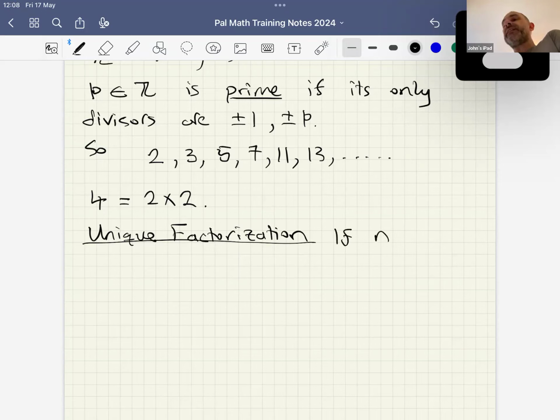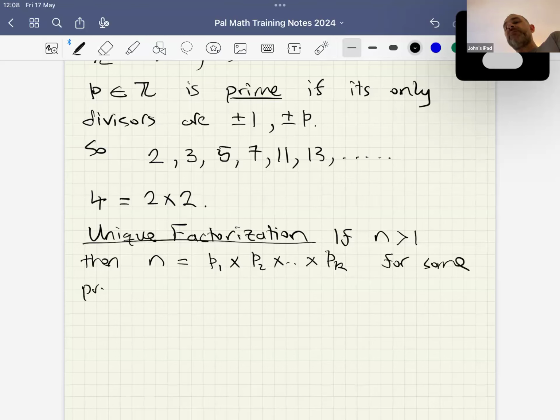So if n is a natural number, so if n is greater than 1, then n can be written as a product of prime numbers, p1 down to pk, for some k greater than or equal to 1.